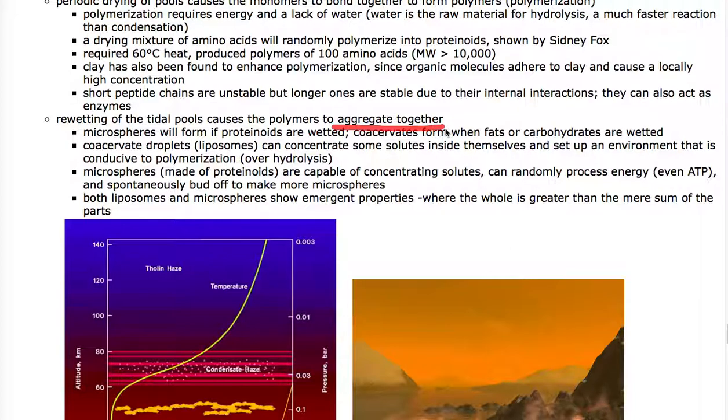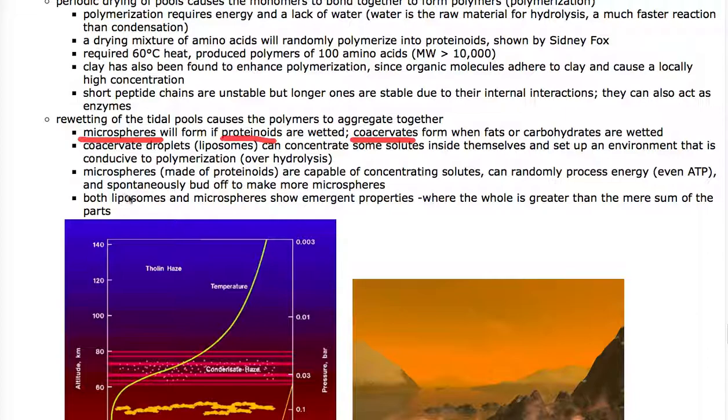They're called aggregates. Now, a specific kind of aggregate is the microsphere. Microspheres are technically just made of proteinoids. Coacervates are technically aggregates of fats and carbohydrates. Well, it could have been a combination of microspheres and coacervates accumulating biochemicals, which would have developed in these temporary tidal pool or puddle areas on the planet.